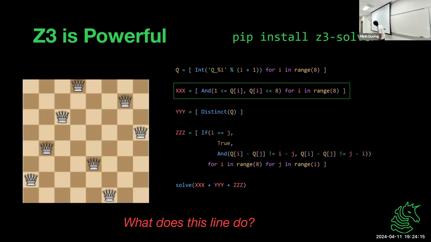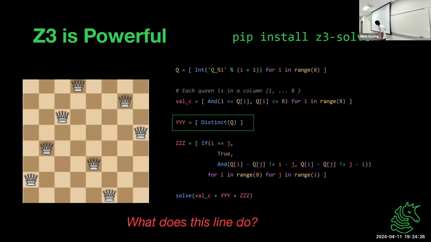The first thing you do is your columns have to be between 1 and 8, so queens actually have to be on the chessboard. You cannot have 2 queens in the same column, so all the columns have to be distinct.